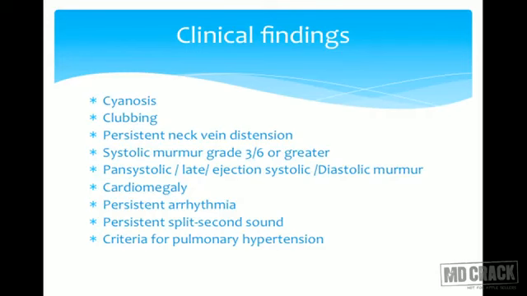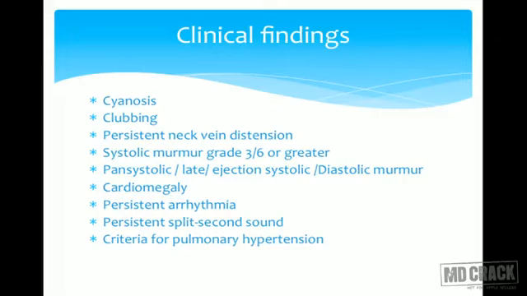Signs would be, fingers showing clubbing, in chronic heart disease. There will be cyanosis, persistent neck vein engorgement, systolic murmur, but of high intensity. The grade would be 3/6 or greater. Then there can be a late systolic murmur, ejection systolic murmur or pan-systolic murmur, and a diastolic murmur is classical of heart disease.